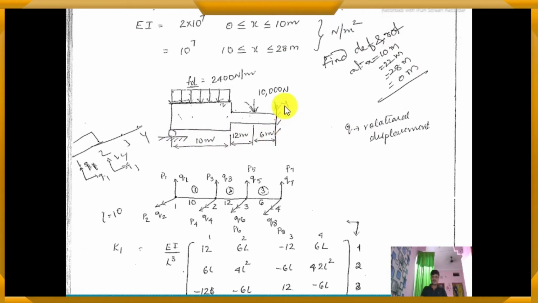As mentioned, 0 to 10 is for element 1, and 10 to 28 is for element 2 and element 3. For element 2 the length is 10 to 22, and 22 to 28 is the length for element 3. Hope it is clear to you.